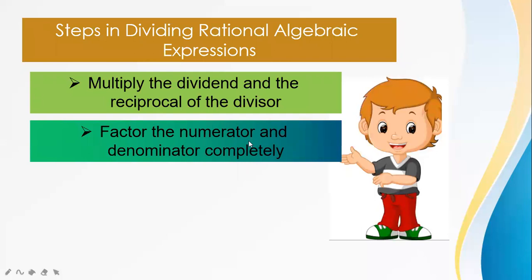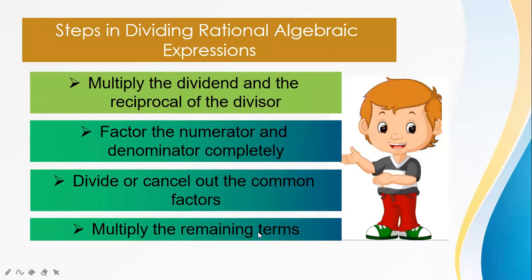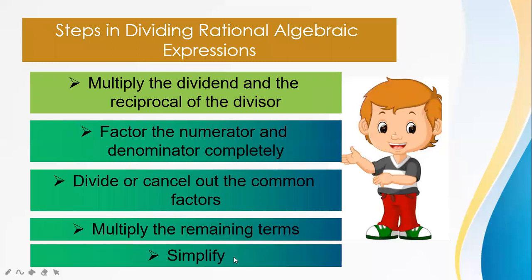And then we have the same procedure on how to multiply a rational algebraic expression, like you factor the numerator and denominator completely, then divide or cancel out the common factors, multiply the remaining terms, and then simplify. So again, multiply the dividend and the reciprocal of the divisor and the procedure on how to multiply rational algebraic expression.